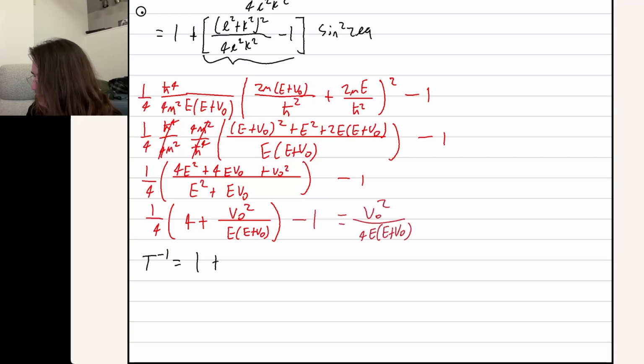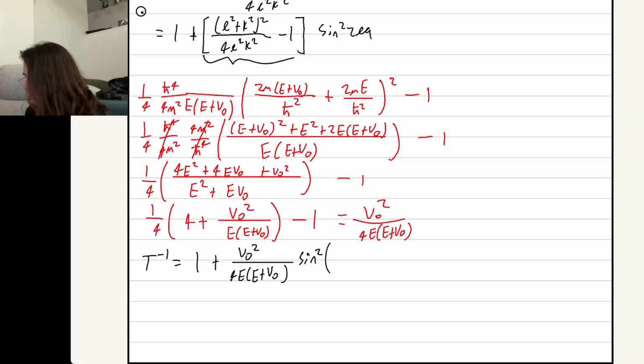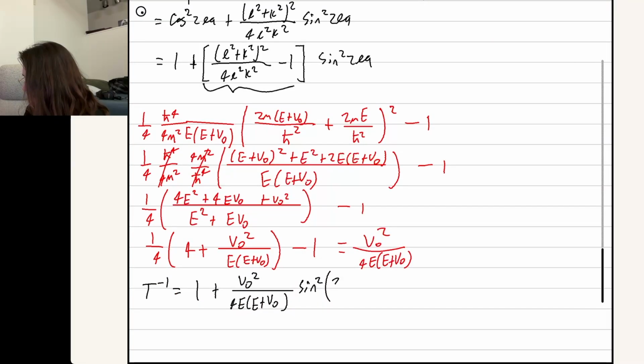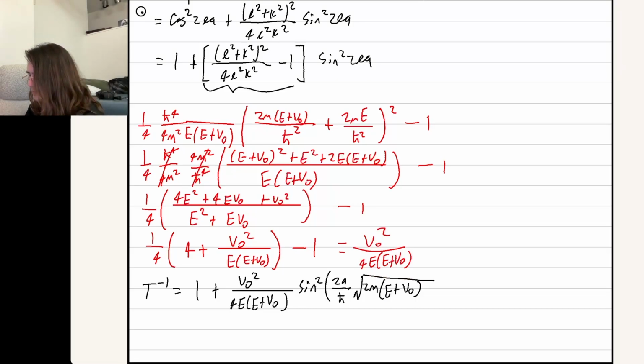So it's 1 plus V naught squared over 4E(E plus V naught) sine squared, and let's put the definition of l into the sine squared. It's 2a over h bar times square root of 2m(E plus V naught). And I think that's what Griffiths got as well. So we're all gangster there.